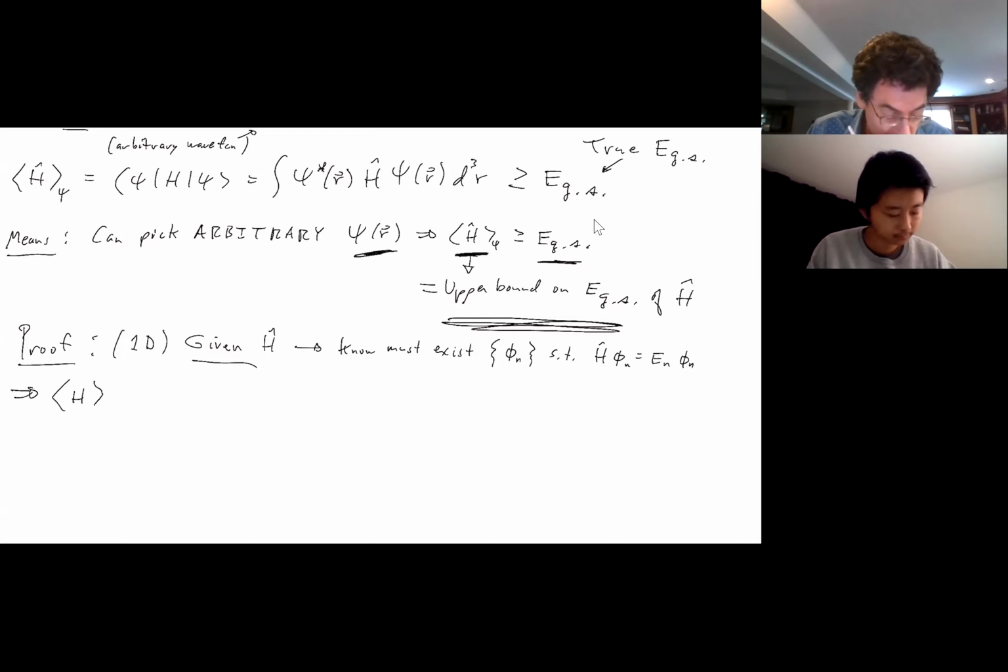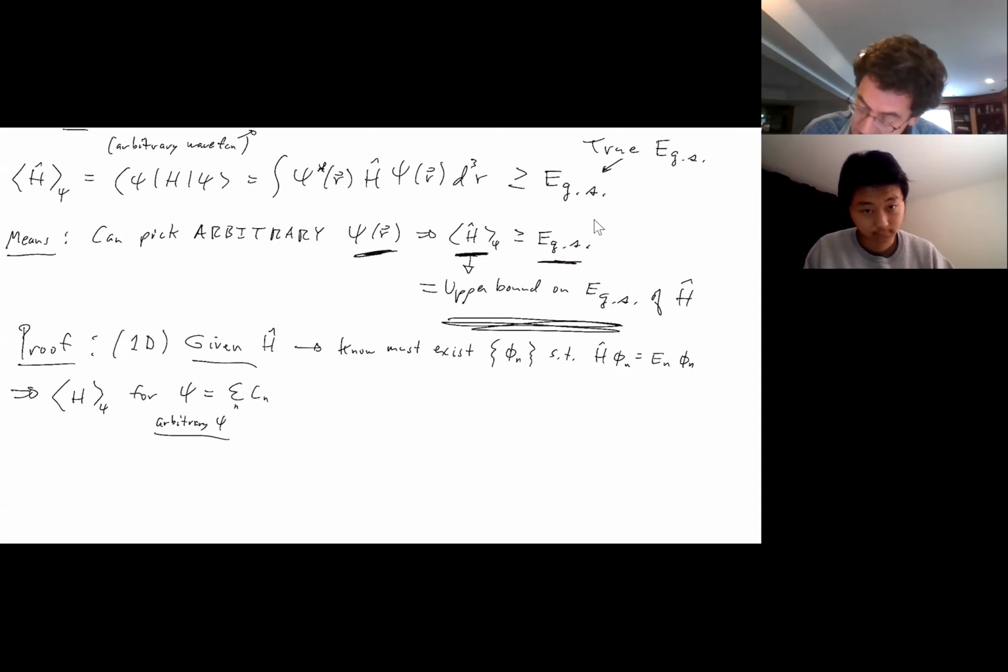And so let's calculate it for some psi, but let's pick an arbitrary psi. Let's pick an arbitrary wave function, arbitrary psi, and the arbitrary psi I can write as an expansion of the energy eigenstates, because they form a complete set, right?